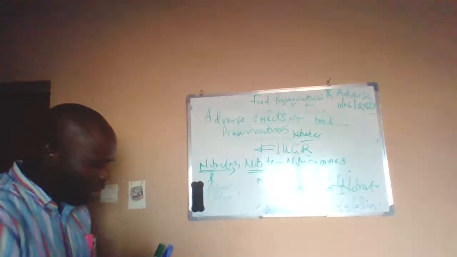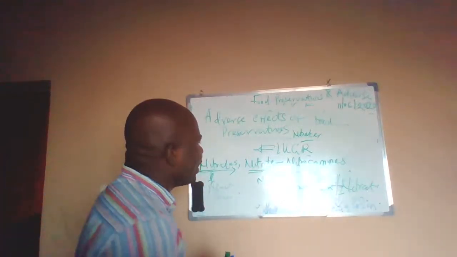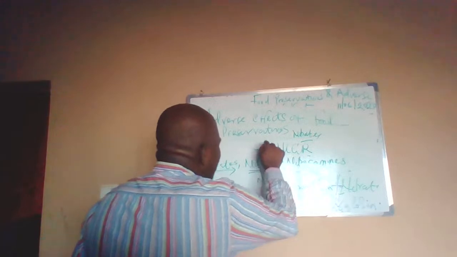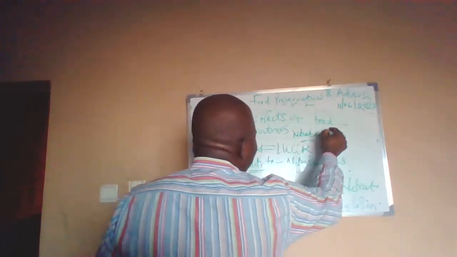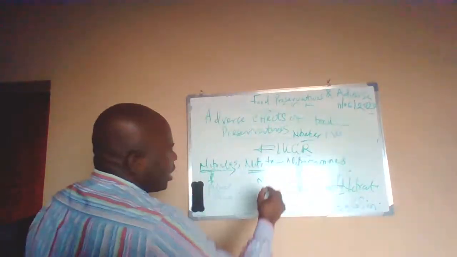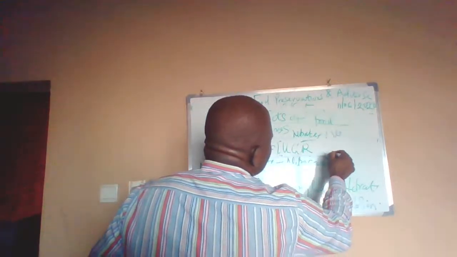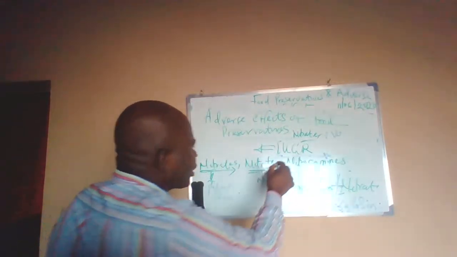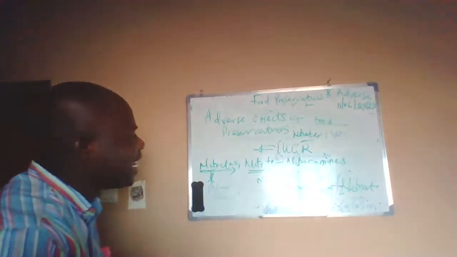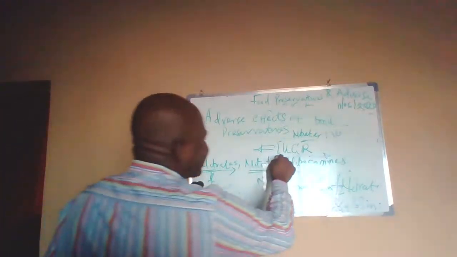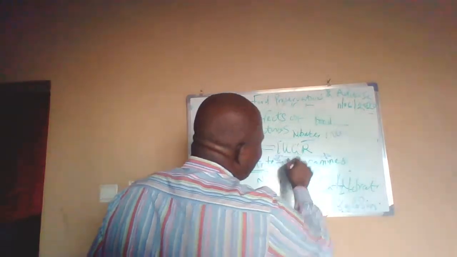This is a condition in which a pregnant woman consumes food with a high dose of nitrite, and the growth of the fetus is interfered with. There will be retarding of the growth of the fetus.